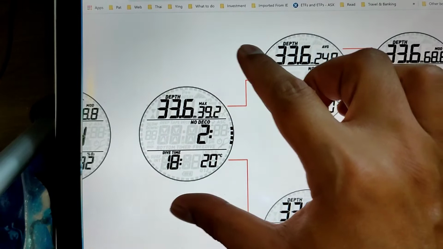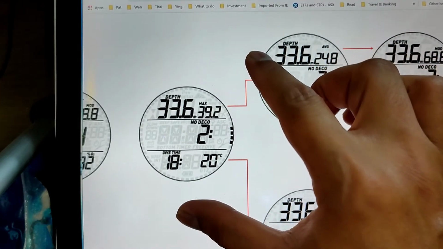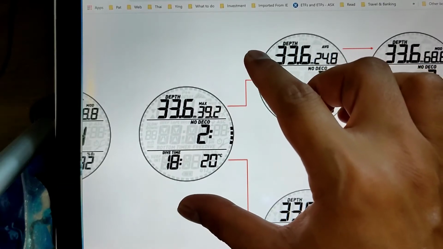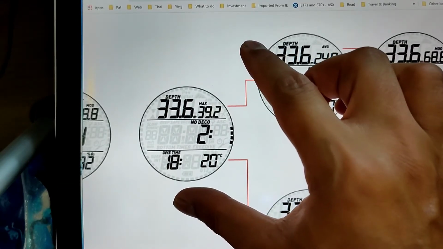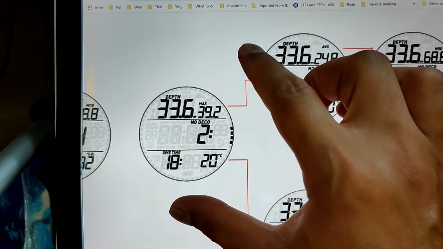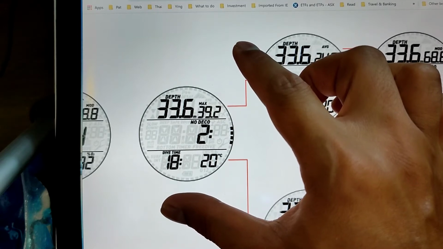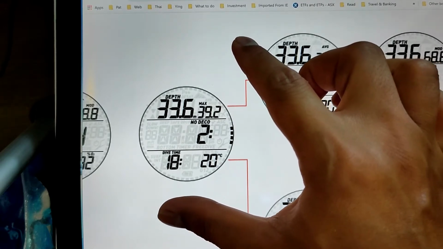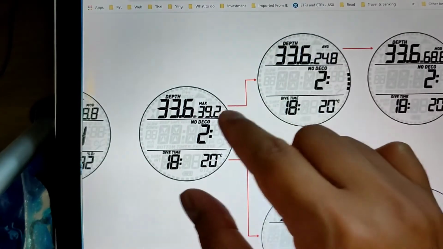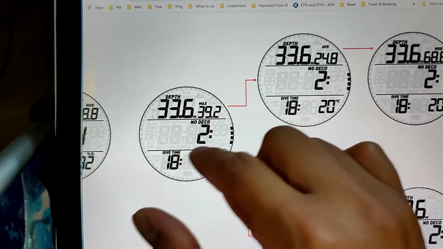So now it's not that you have zero nitrogen, now you have some nitrogen. What happened to me on this trip is that I had to stay during the safety stop longer than the usual 3 minutes. I had to stay at the safety stop actually 5 minutes. I had to stay 2 more minutes because I went over the no decompression limit.